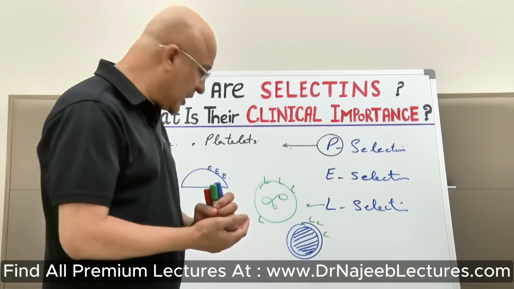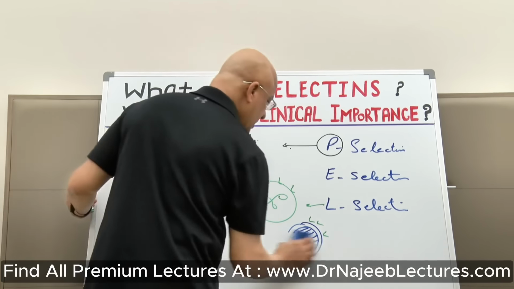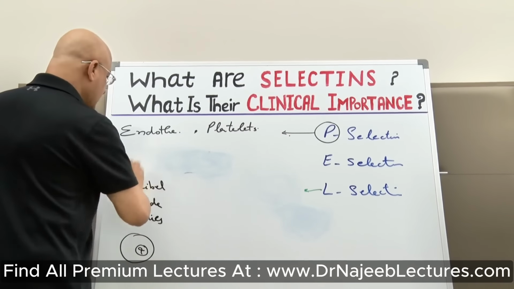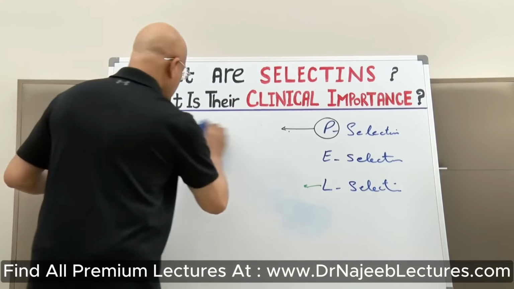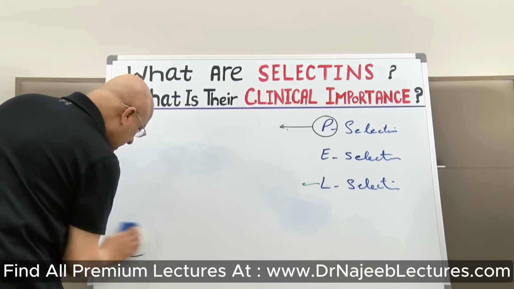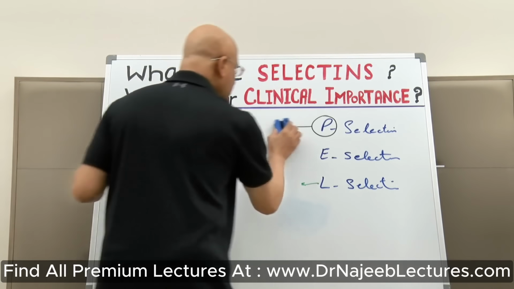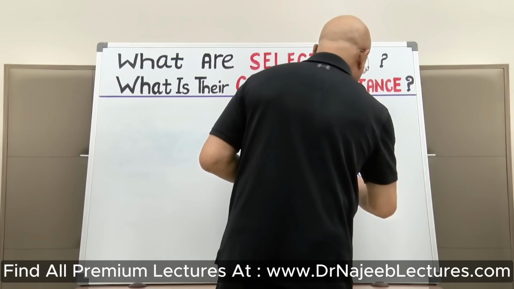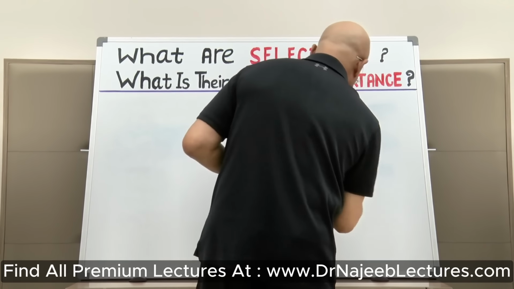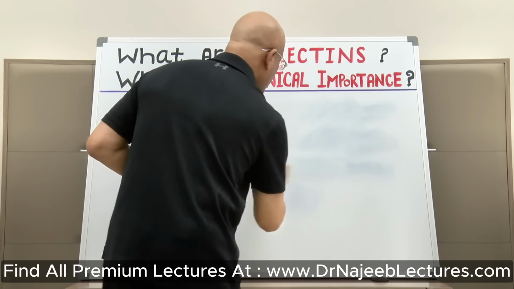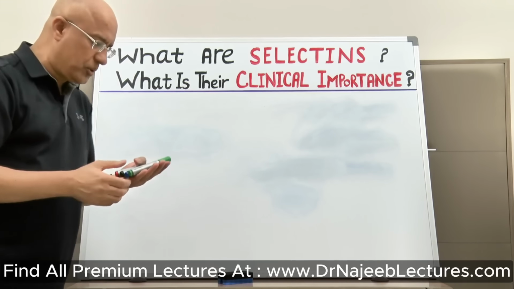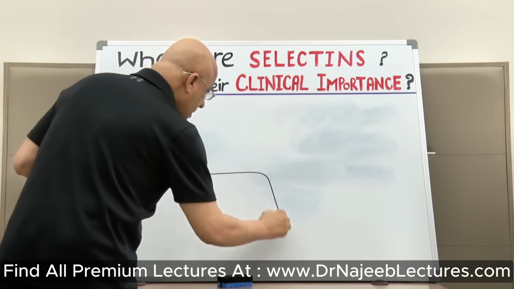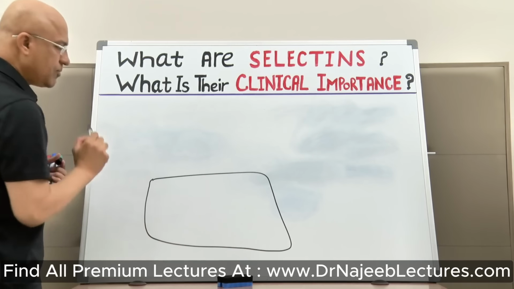Now, what are exactly these selectins? Structurally, what are these selectins, right? These selectins are basically a special type of glycoprotein molecules, and these glycoprotein molecules are passing through the membrane. Let's suppose this is a cell, right?